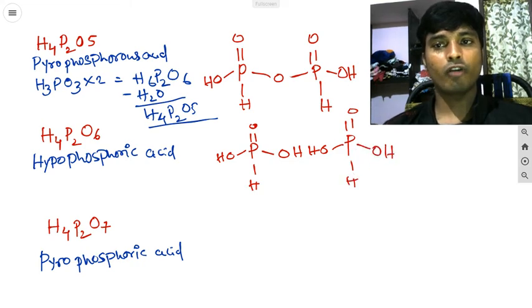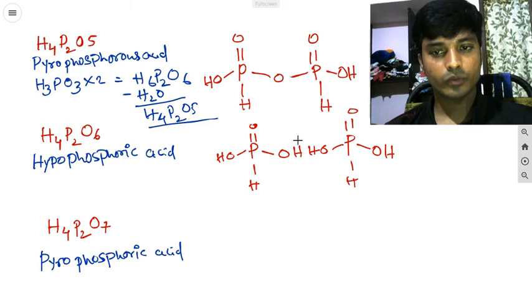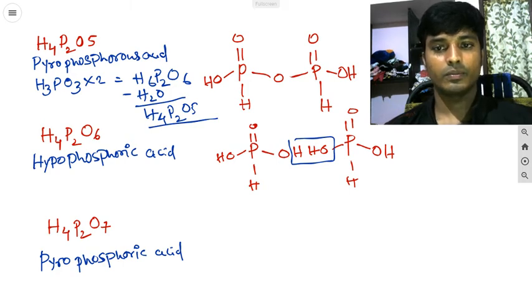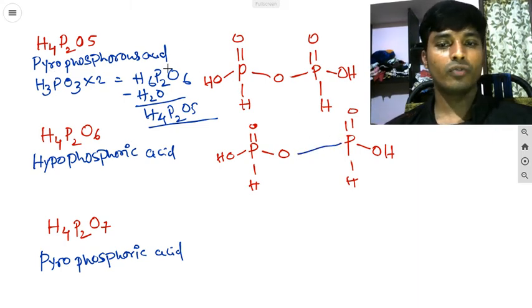From this, one water molecule needs to be removed. So which one? This one. If you remove this H2O, this bond you can extend from here directly. Okay, that's how it is pyrophosphorus acid.